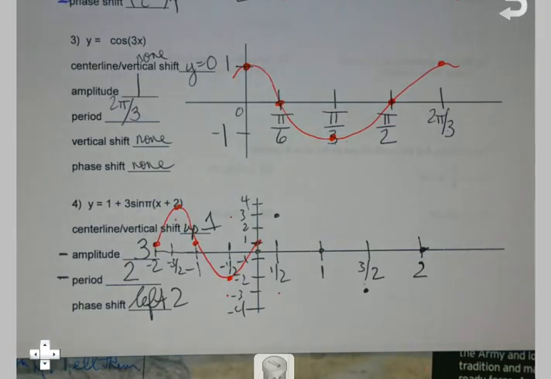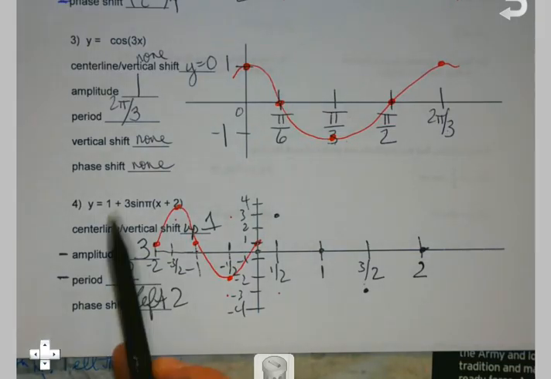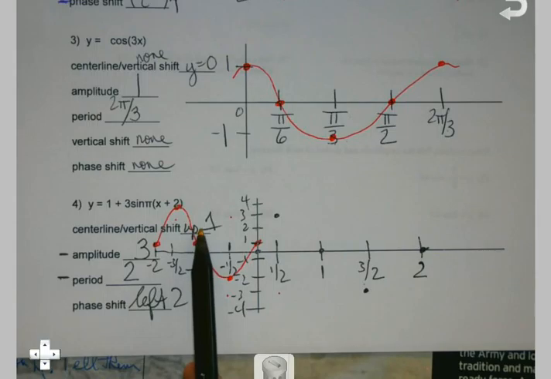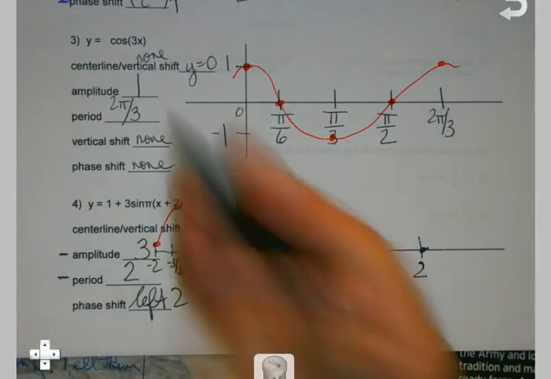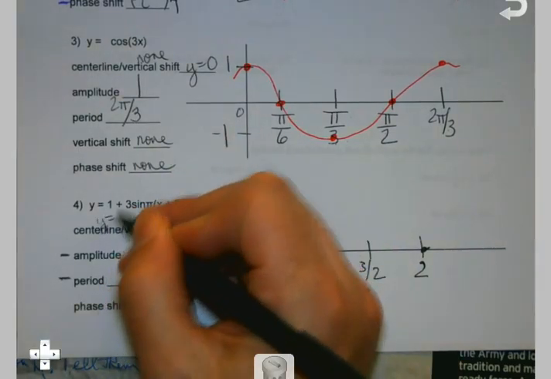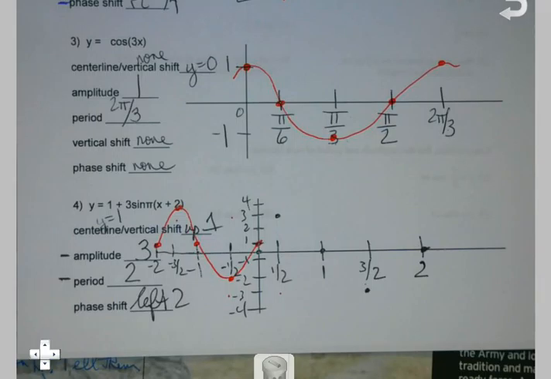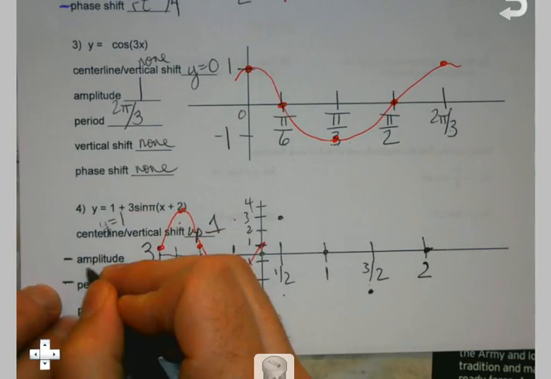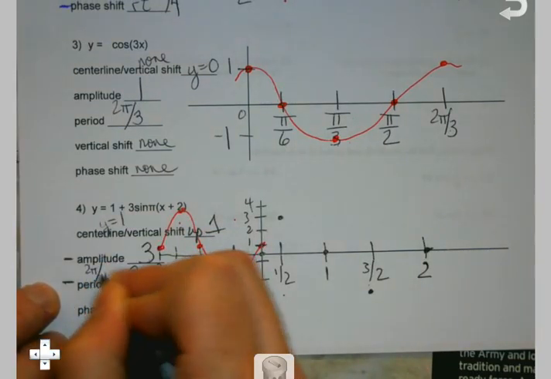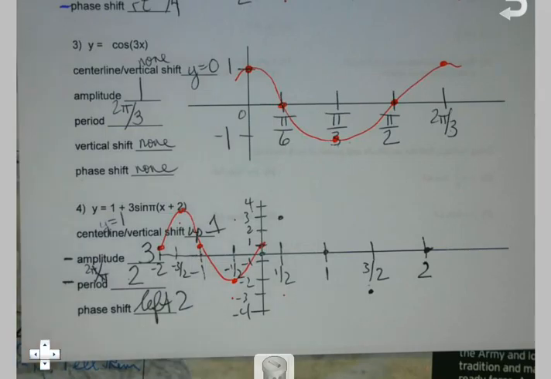Okay, so here, I have a shift up of 1, so my center line would be at y equals 1. I have an amplitude of 3. Since my b value is pi, 2 pi divided by pi is where plain old 2 comes from. And then I have a phase shift of left 2.